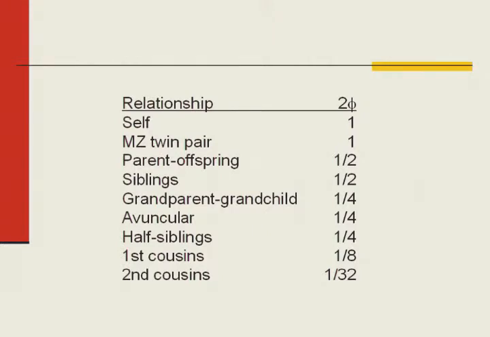On average, you share half your DNA with your siblings. Any particular pair of siblings may share more or less than that, but siblings as a group share half, and so forth. So basically what this is predicting is a very structured fall off in the correlations among relatives as you get to more and more distant relatives, if there's an additive genetic component to the variation in trait values.